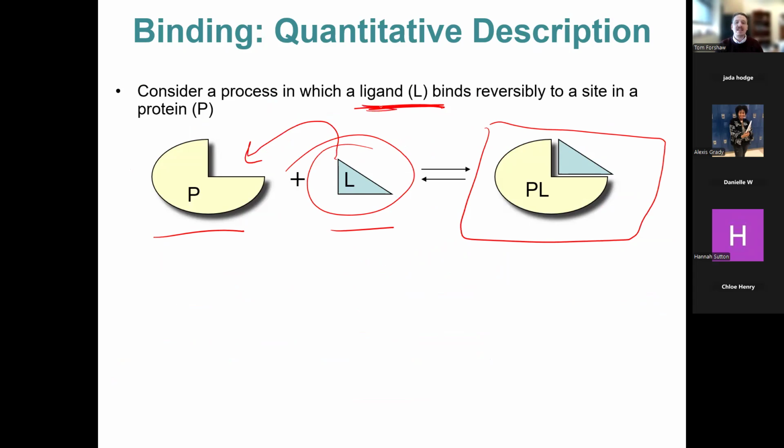Now, a ligand is different from a substrate because a substrate is going to change into a product. A ligand is something that binds to form a complex, but it could also release to form its ligand again. So oxygen binds the hemoglobin and then is released as oxygen. It doesn't turn into something else. So it is a ligand. That's the difference between a ligand versus a substrate.